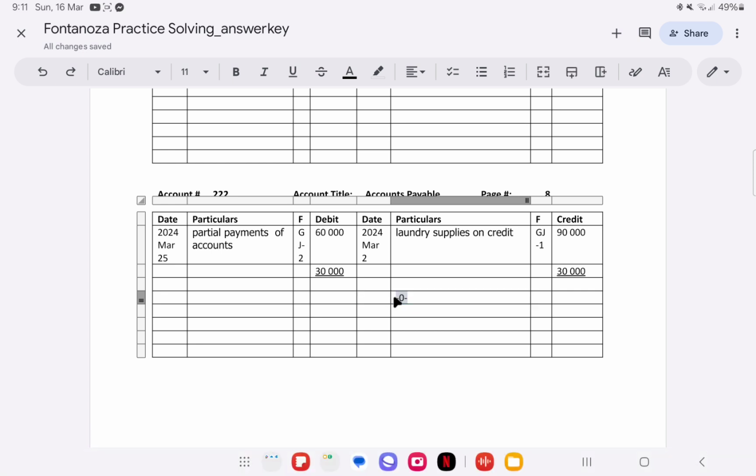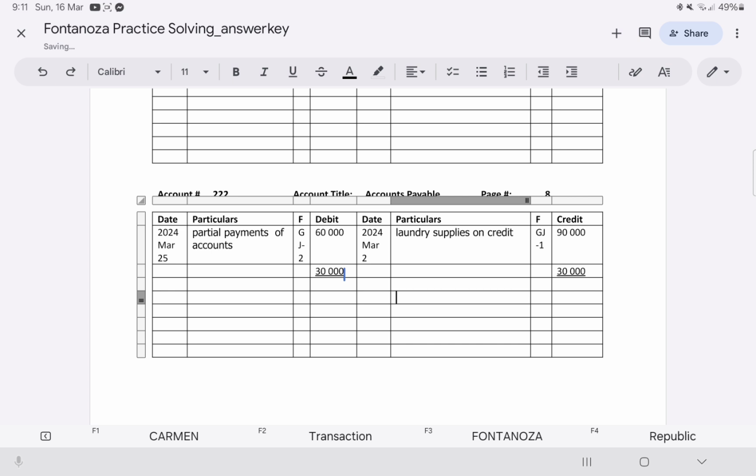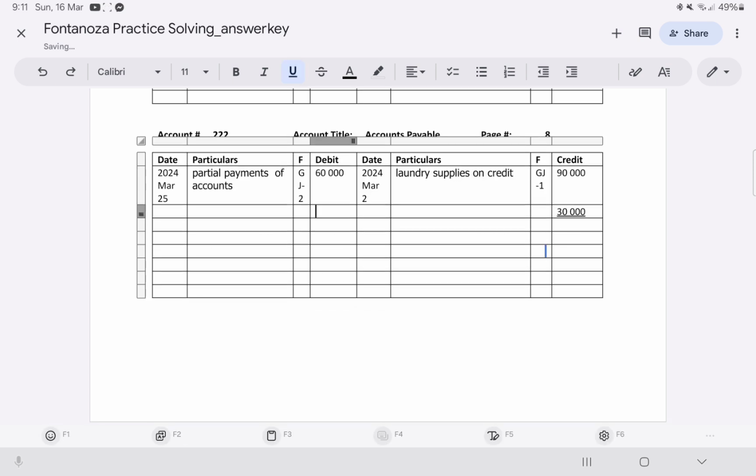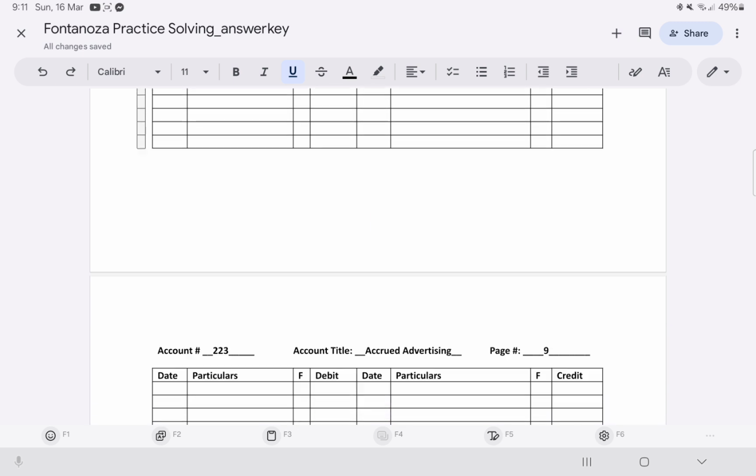So do not put it yet, because this is not closed already. There's additional information on the transaction in the next solving process, so continuation.